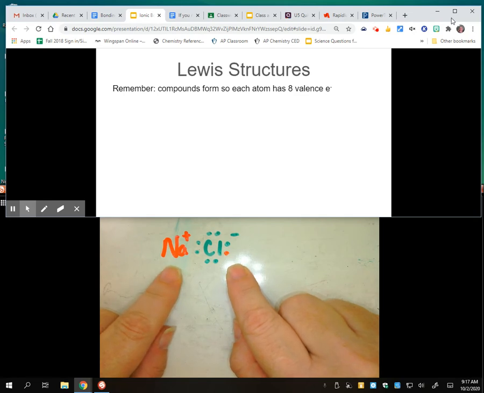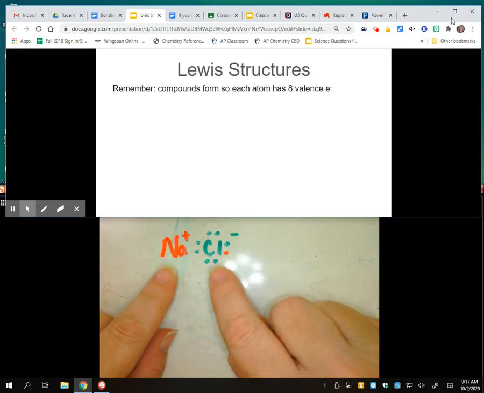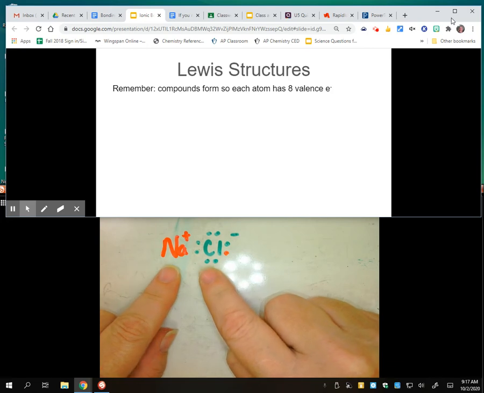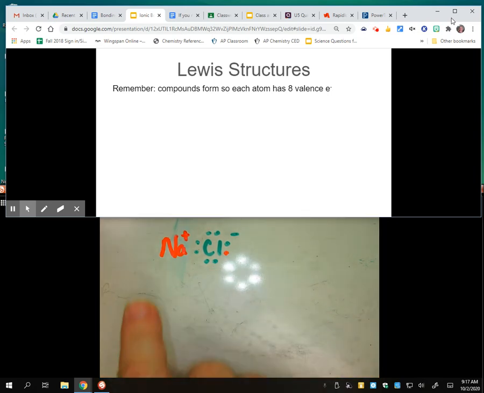Sodium develops a positive charge. Chlorine, because it gained an electron, has a negative charge, and it's this positive and this negative that holds the atoms together. In ionic compounds, these occur not just one atom to one atom, but lots of cations and lots of anions in that crystal lattice structure. But this is how we would represent an ionic bond.